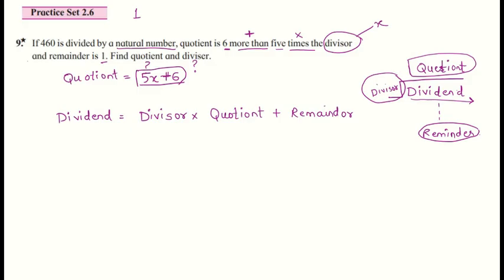And how much is the remainder? The remainder is already given as 1. What is the dividend? If 460 is divided, then the dividend is 460.